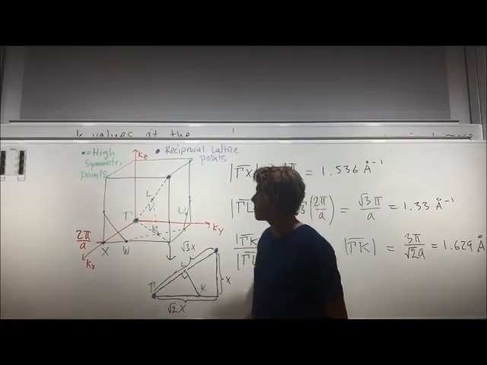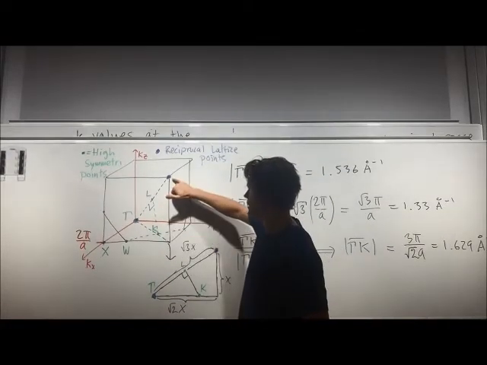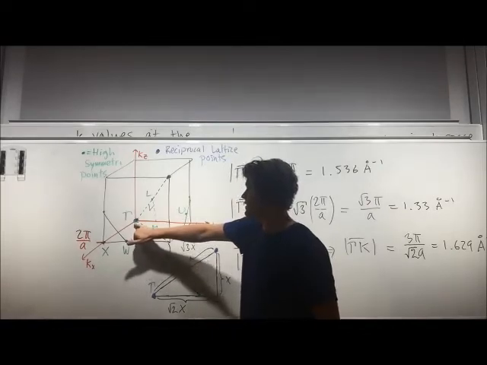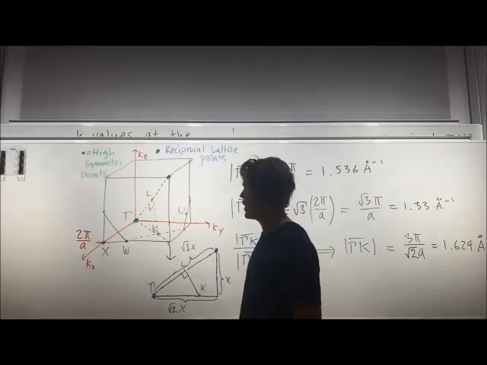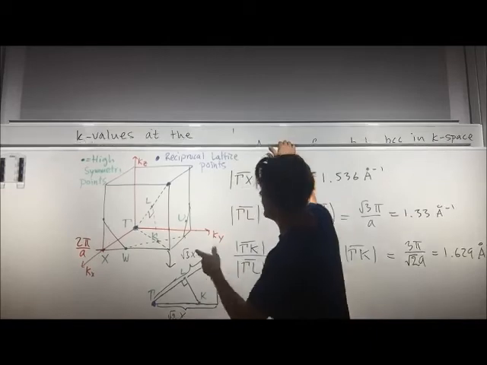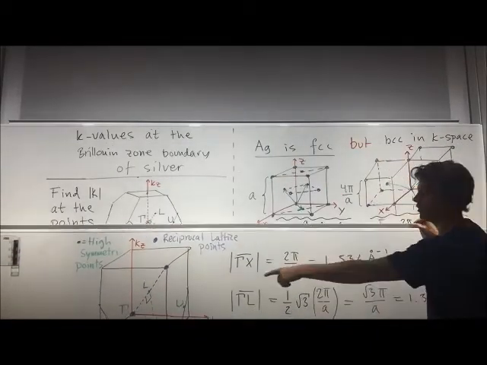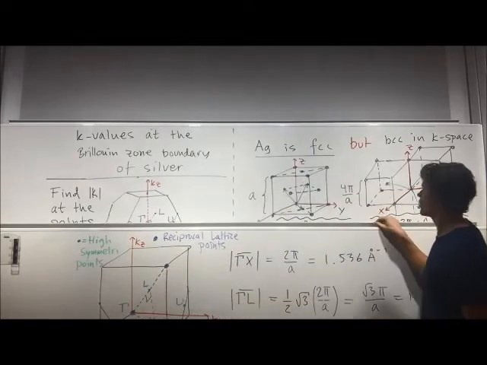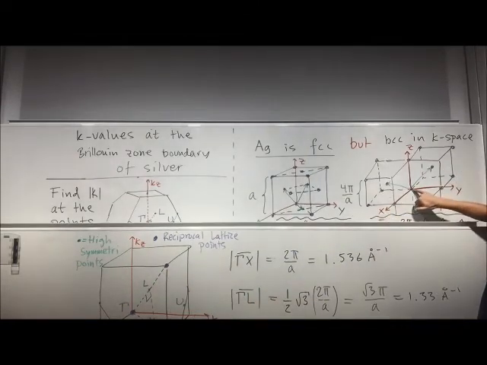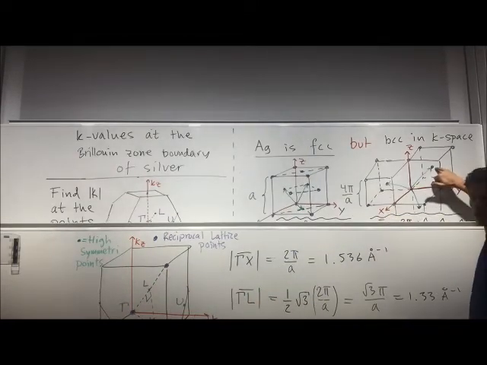Looking here, you have one lattice point here and one lattice point here in a BCC. So this would be 1/8 of one of these cubes here. The corner here and here corresponds to the corner there and one of the corners here.